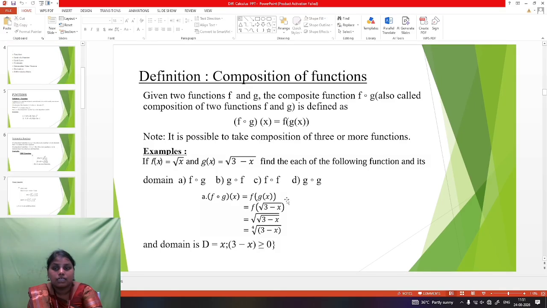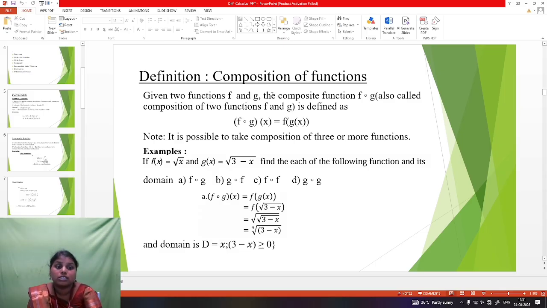The next one, definition of composition of functions. Another one: the first is the normal function, the second is the symmetric function, the third is composition of functions. Given two functions f and g, take two functions f and g.